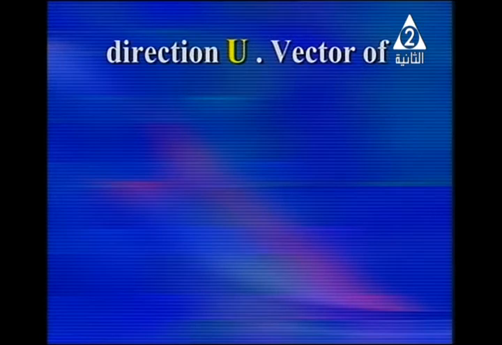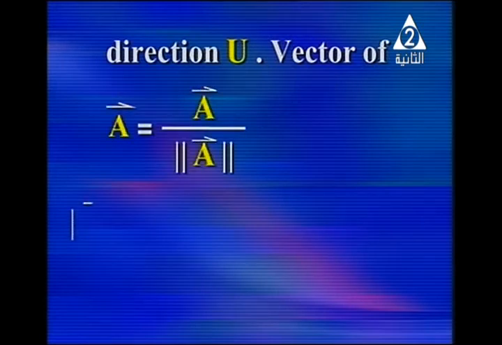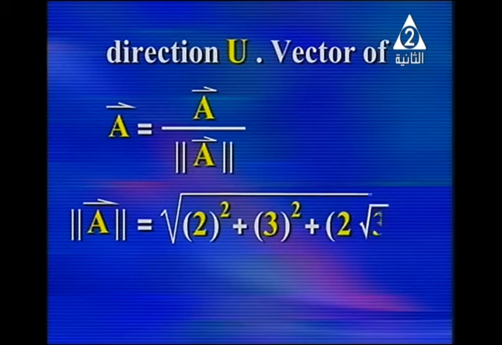Unit vector in the direction of A equals vector A over norm A. What is the norm A? Excellent student, square root of the first component x to power 2 plus component y to power 2 plus component z to power 2. What is the norm A? It equals 5.